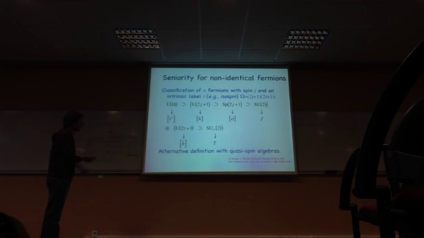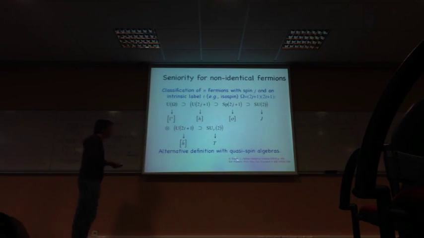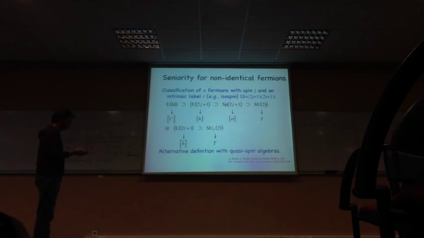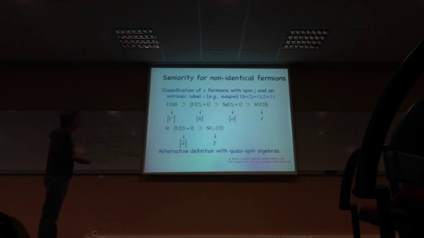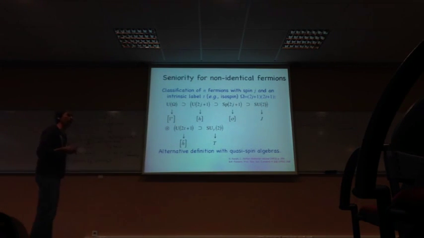Okay, you can have a classification. This was also done by Racah, and at the same time by Flowers. Lord Flowers, he became Lord later. He made a nice career.